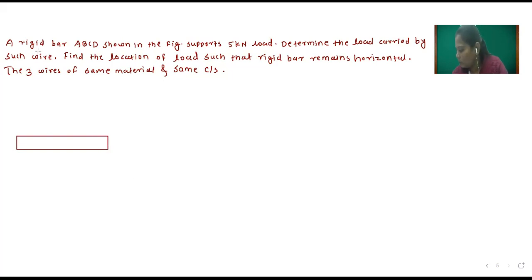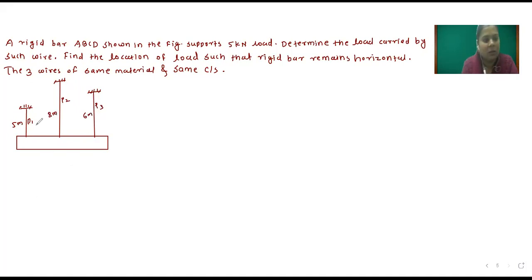There are 3 wires, P1, P2, P3. The length of this wire is 5 meter, here 8 meter, and this is 6 meter.